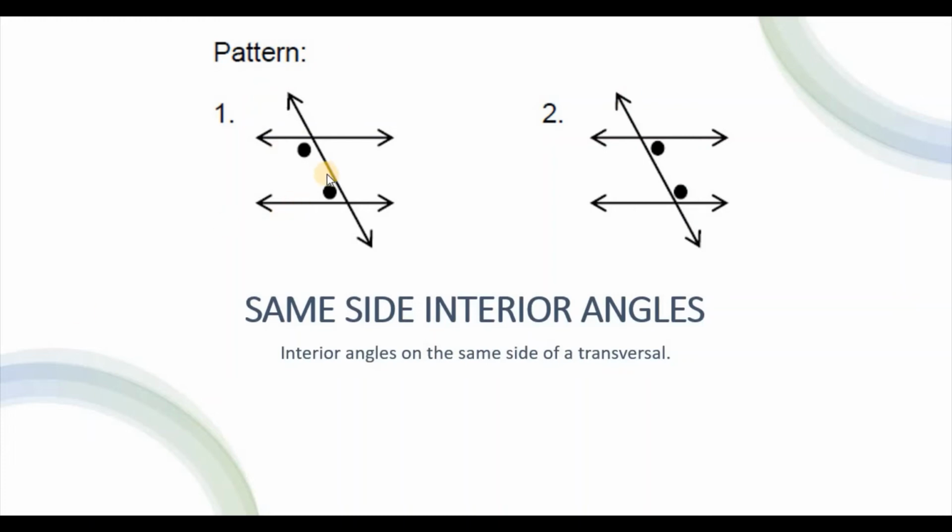So, let's say this angle measures 110 degrees. What is the measurement of this angle? It measures 70 degrees since they are supplementary angles. Their sum is equal to 180 degrees.